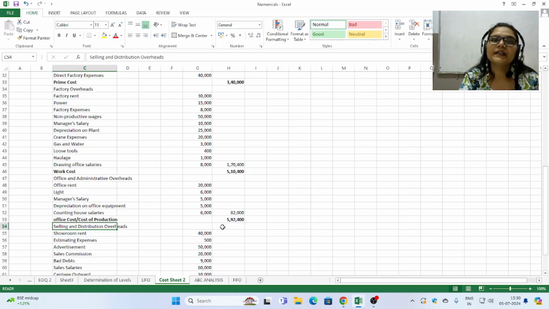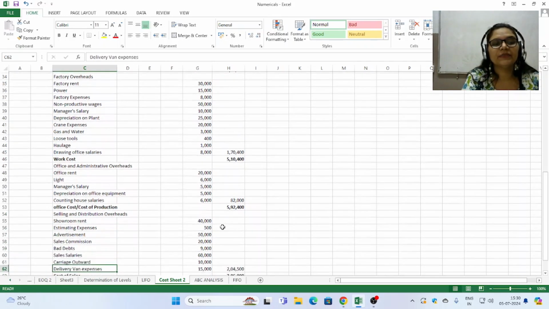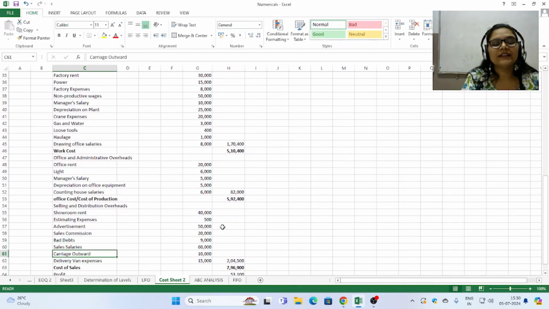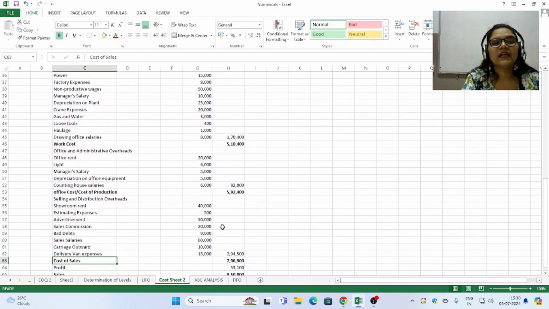It can be marketing expenses, salesman commissions, or any expenses incurred in making the product finally available to the customer, directly or indirectly. These are showroom rent, estimating expenses, advertisement, sales commission, bad debts, sales salaries, carriage outward, delivery van expenses. When these expenses are added to cost of production, we get cost of sales or total cost.